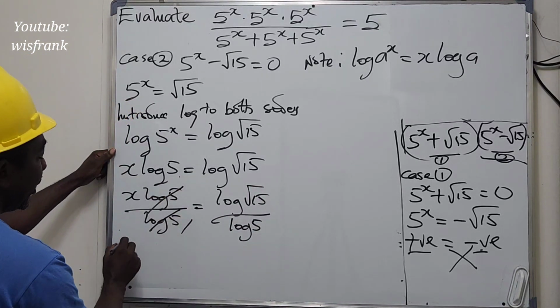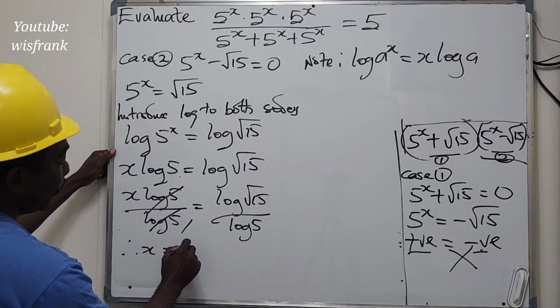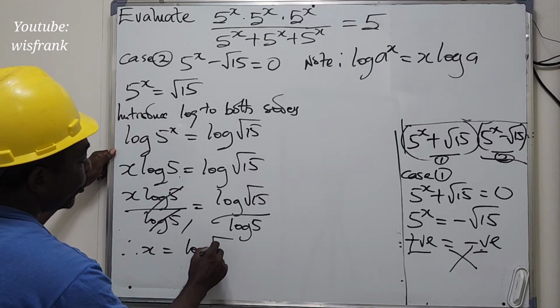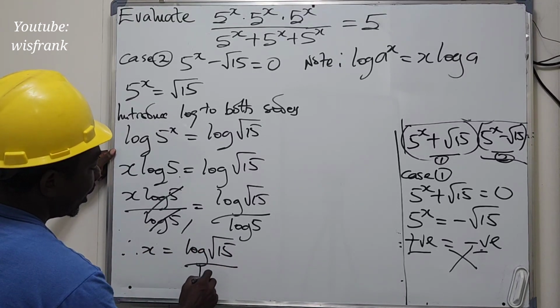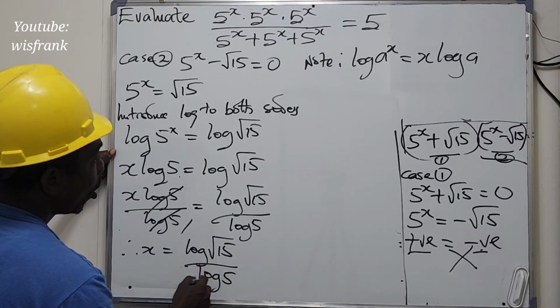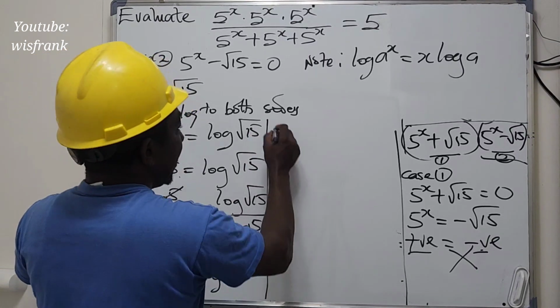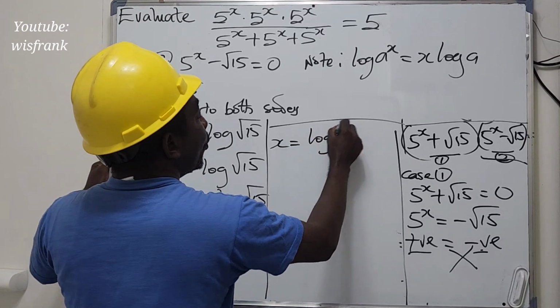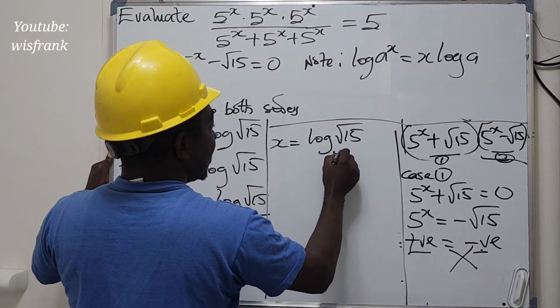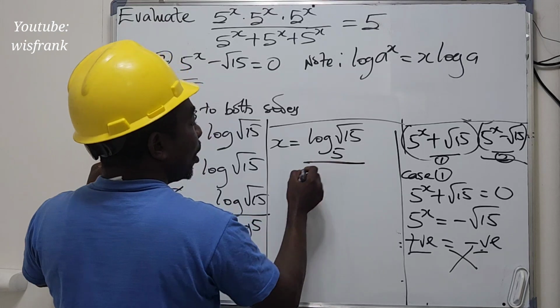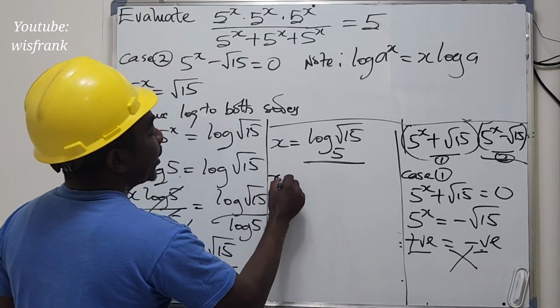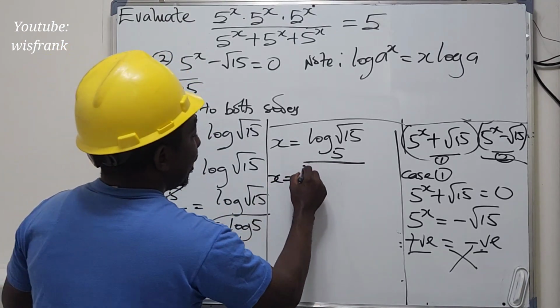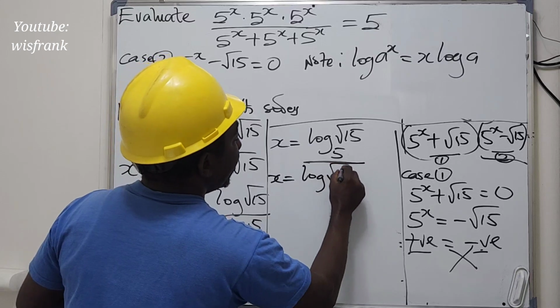Therefore, x equals log root 15 all over log 5, or we can rewrite this as x equals log root 15 base 5. This is the answer.